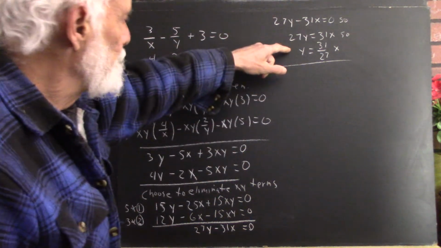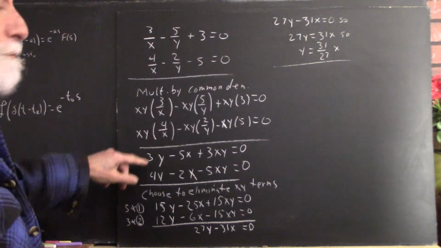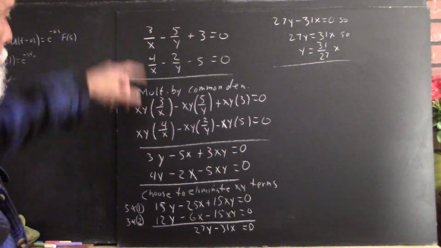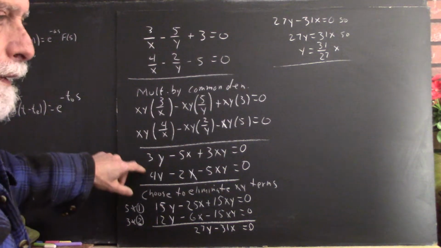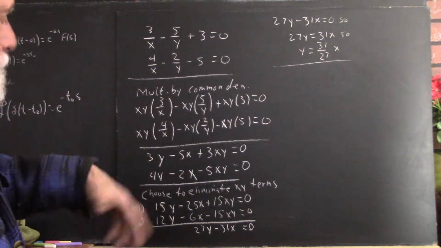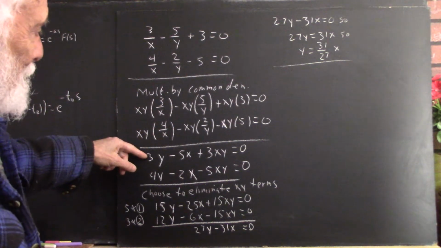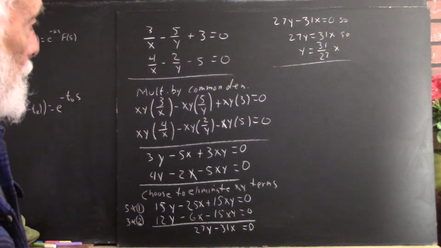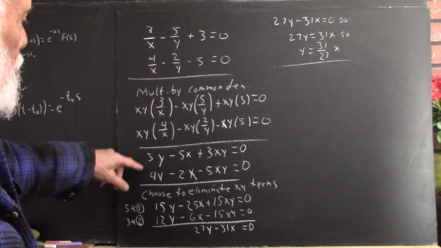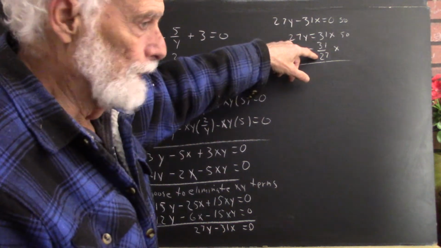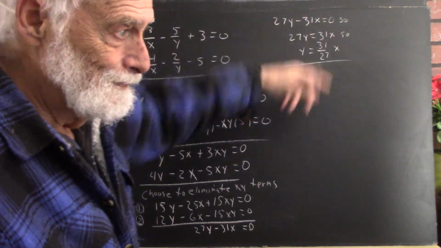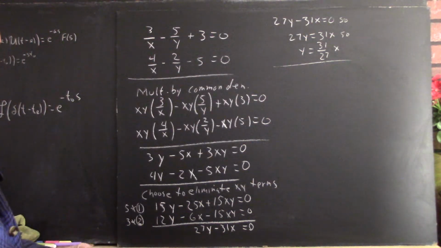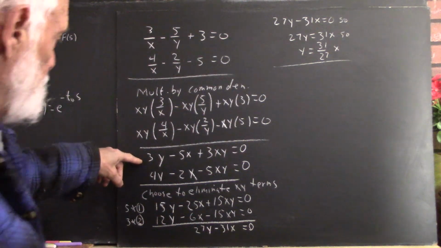We could plug it back in here, but then we'd have denominators and have to go through that whole thing again, assuming that we've multiplied correctly here. And of course, if we haven't, we're messed up anyway. We can plug in, let's say, here. Okay? And here is a little more convenient than here, because if you multiply 3 by 31/27, the 3 goes into the 27. If you multiplied 4 by 31/27, you wouldn't have that. Okay? So we're going to choose to plug it in here.